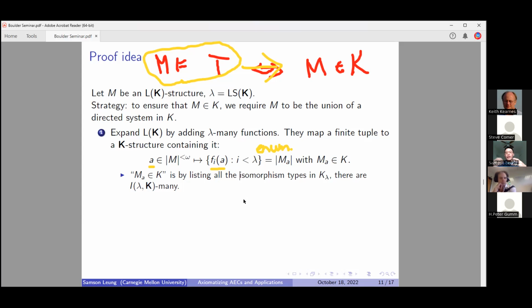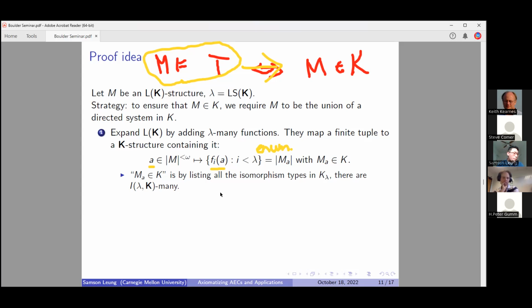Just list everything out. So we can list all the possible models. And if you ask, okay, when is M_A in K, then you just say M_A is in one of these many disjunctions of the isomorphism types. If it hits one of them, then it means it is a model in K of size lambda.